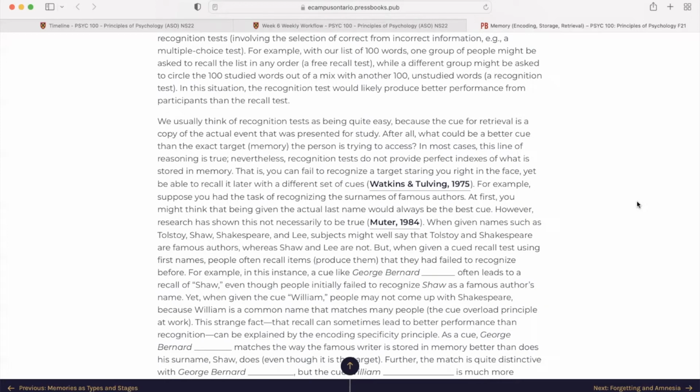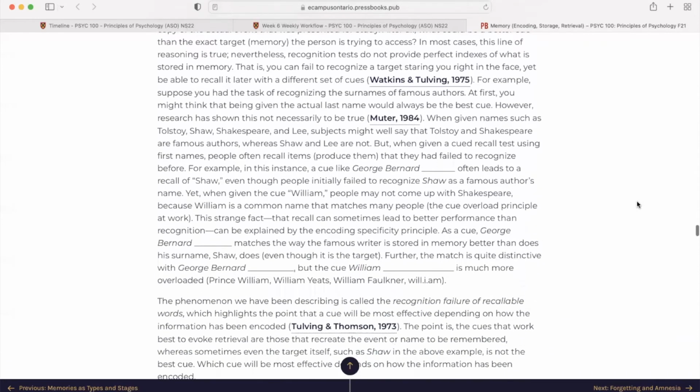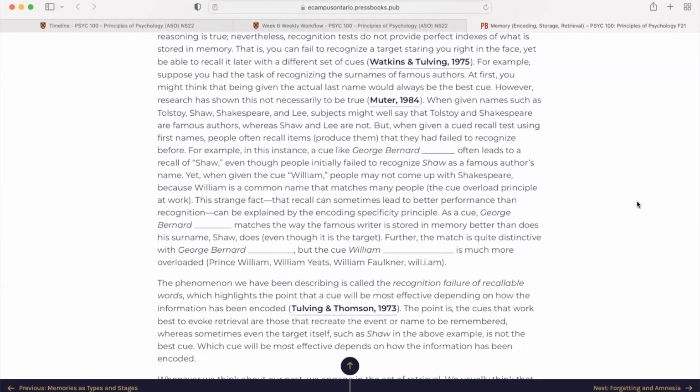But when given a cued recall test using first names, people often recall items that they had failed to recognize before. For example, in this instance, a cue like George Bernard, fill in the blank, Shaw, often leads to a recall of Shaw, even though people initially fail to recognize Shaw as a famous author's name. Yet, when given the cue William, people may not come up with Shakespeare because William is a common name that matches many people. The cue overload principle at work.